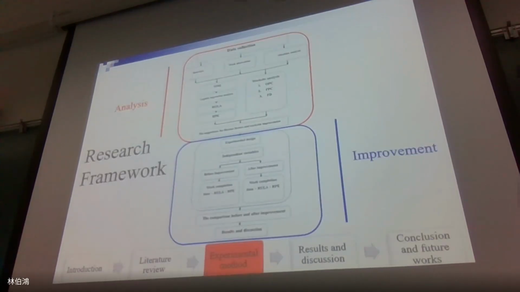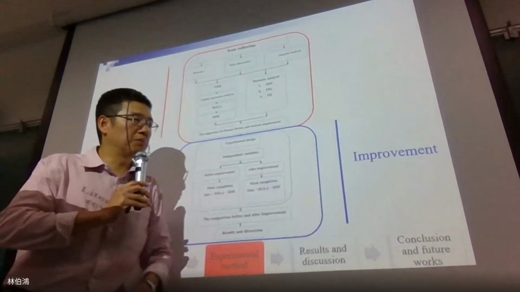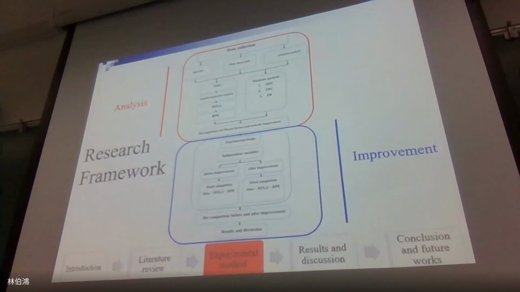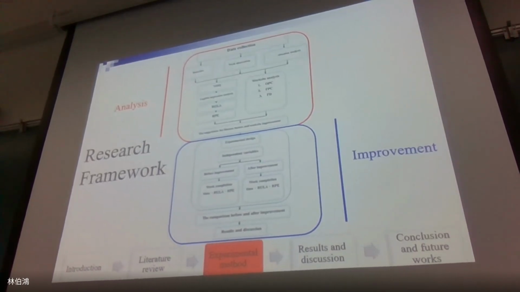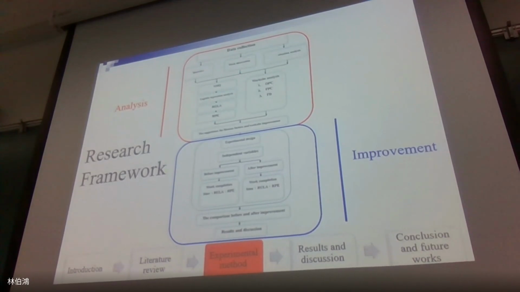Just like I said, in this study we have two parts. One is analysis, and the other is improvement. In the analysis, we use the MNQ and RULA and RPE, like I introduced to you, and there is logistic integration inside the MNQ. We also have some traditional IE methodology.